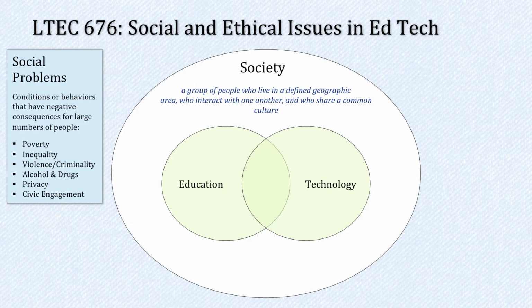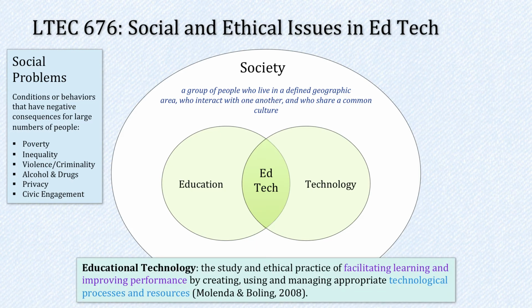And as we all know, both institutions, education and technology, have had and continue to have an impact on society, sometimes for good and sometimes for bad. In this course, we'll be focusing on the intersection of these two societal institutions, zeroing in on educational technology. So, what is educational technology?